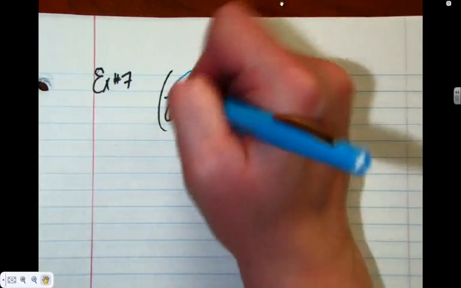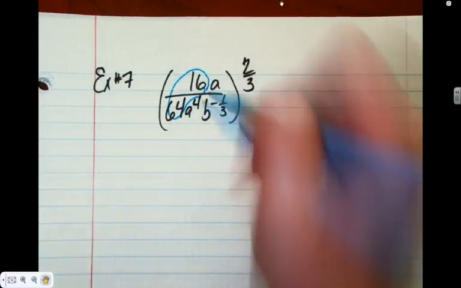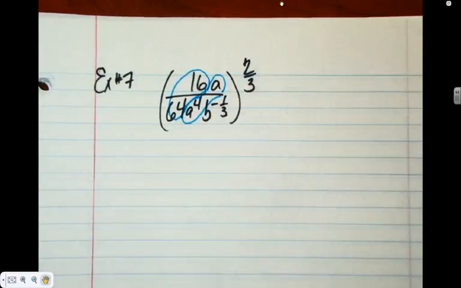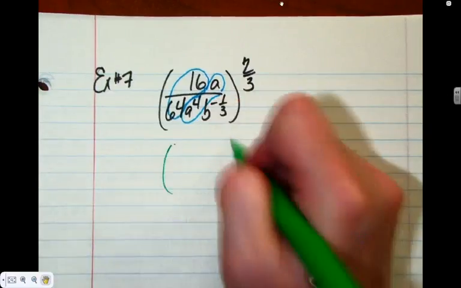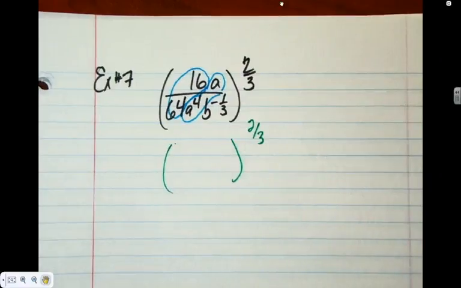So I'm going to circle the coefficients because they're going to go together. I'm going to circle the A. What am I going to do with B? It doesn't have a friend. Yeah, I'm just going to leave it. So I just won't worry about B for now. 16 and 64, can't divide them, but can I reduce them by anything? I can divide them by bigger than 8. 16, I can divide them each by 16.